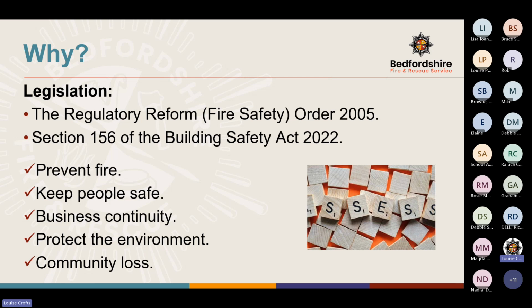But now, because of Section 156 of the Building Safety Act, every commercial premises needs to have a fire risk assessment, regardless of how many employees, how large, how small. It doesn't matter anymore, and that risk assessment has to be a full risk assessment, whereas previously people were only required to record significant findings.